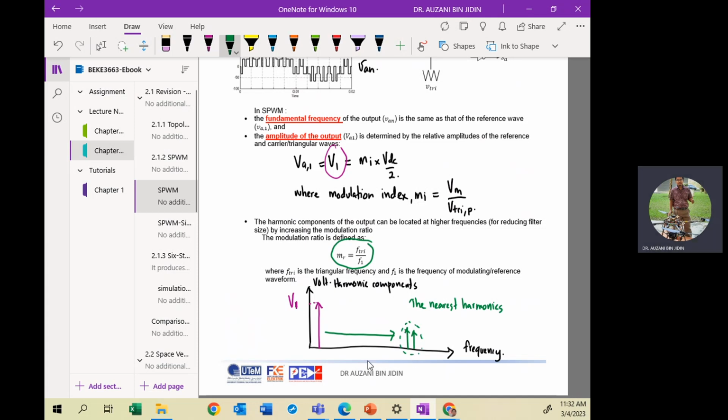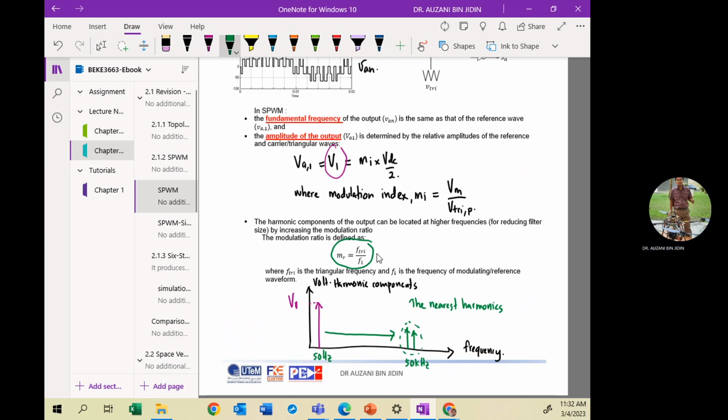For example, the fundamental is 50 hertz, but the nearest harmonic you can now push to a very high frequency, for example 50 kilohertz, by setting an appropriate value of MR.